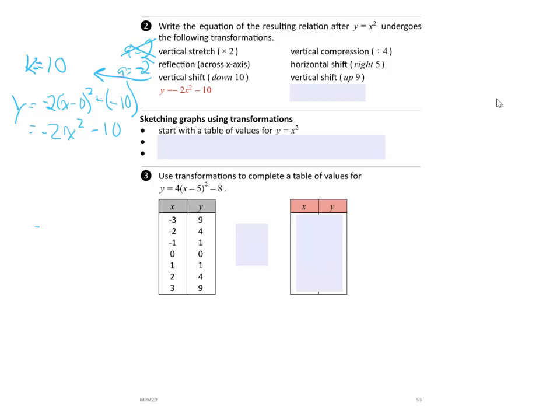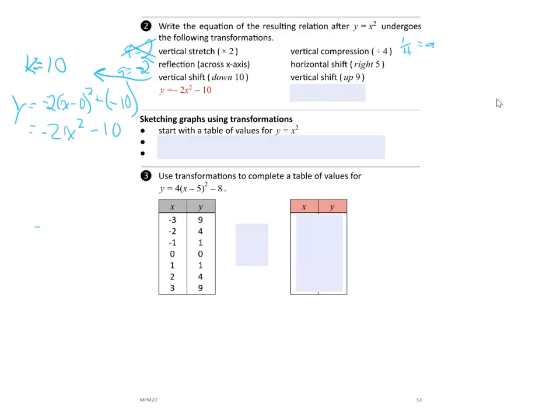A vertical compression divided by 4, which is just a vertical compression of 1/4, right? Because 1/4 is 1 divided by 4. So that would tell me that that's going to be my a value. No reflection across the x-axis, so it is going to be a positive number in this case.